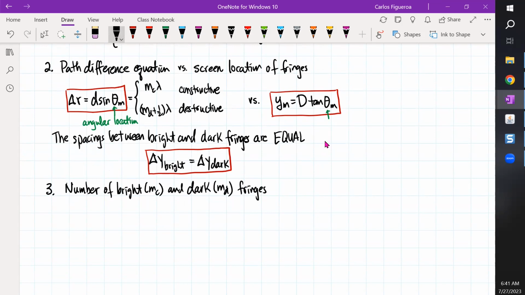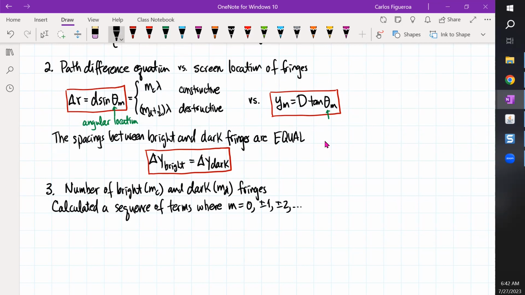In order to do this, we calculated a sequence of terms where m is 0, plus or minus 1, plus or minus 2, and we kept going on.